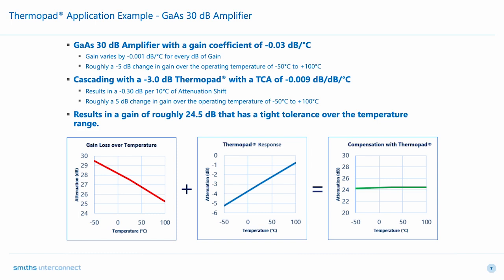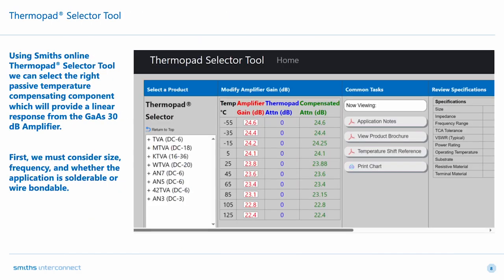Now, how did we get to using this 3 dB attenuator with a -9 compensation? We start by using what we call our thermopad selector tool. By using this thermopad selector tool, we can look at different various thermopads that we offer, different attenuation sizes, depending on what frequency, whether we're looking for wire bond or a solder type of application.